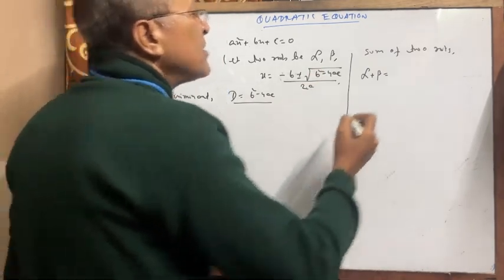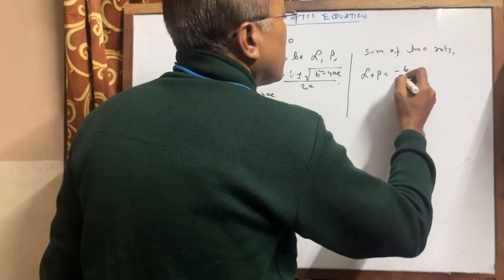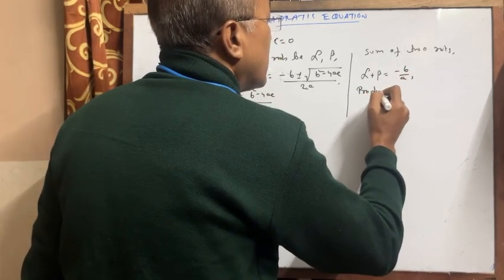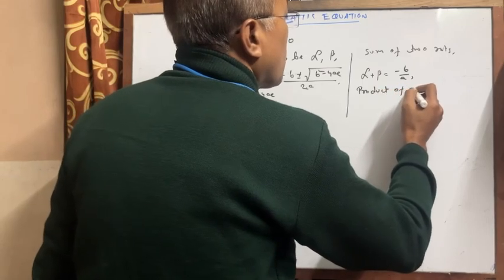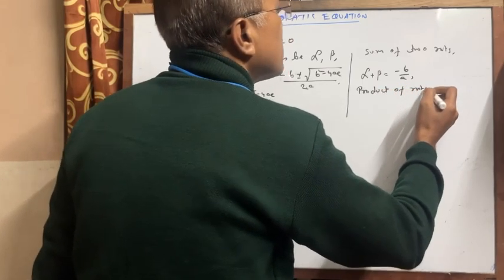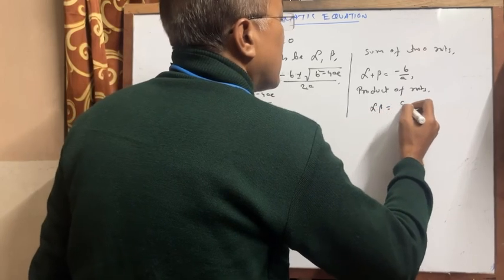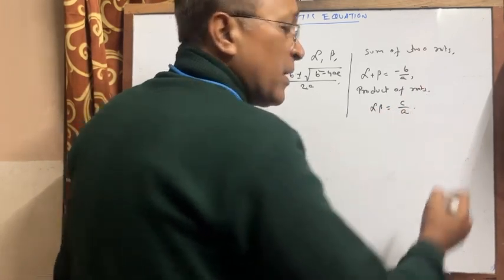So alpha plus beta is equal to minus b by a, and product of roots, that is alpha beta, is equal to c by a.